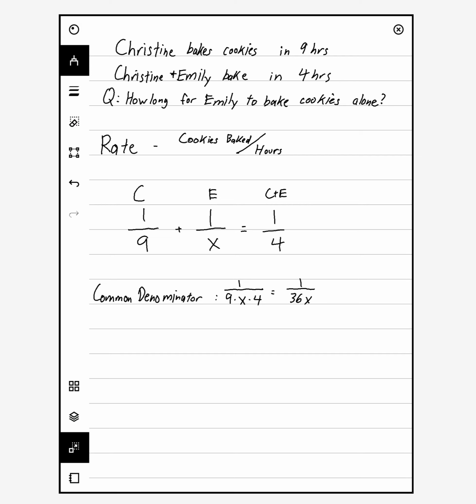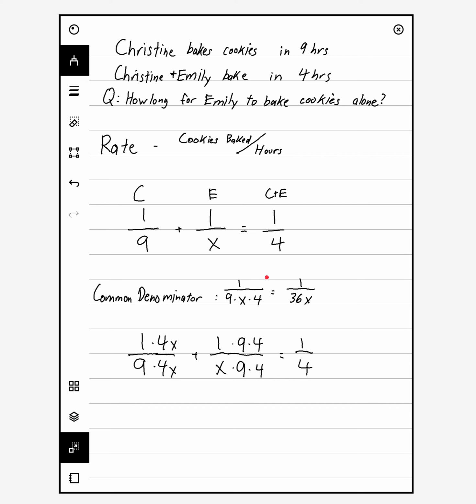So it's going to be 1 over 9 times 4x, times 4x. And then for 1 over x, I need to multiply it by 9 and 4. Same thing, top and bottom. So we'd have 1 over x times 9 times 4, times 9 times 4. That's going to be equal to 1 over 4.